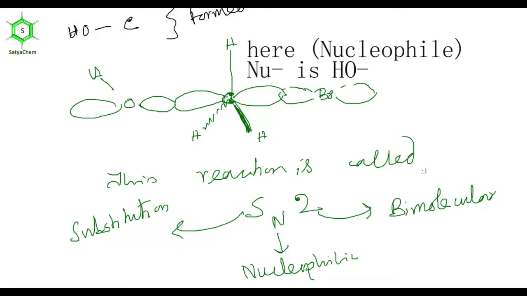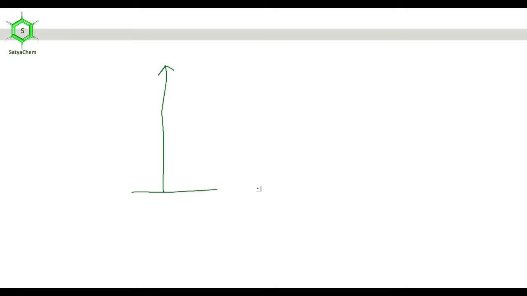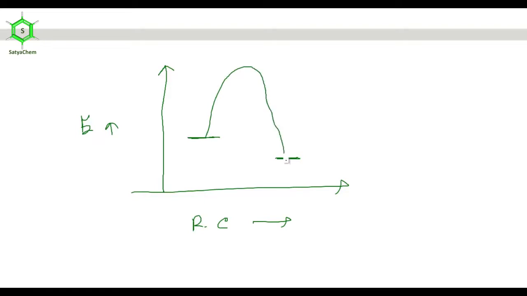And the energy profile diagram for this reaction is this one. Energy on the y-axis, this is the reaction coordinate, reactant, product. It's a single step reaction. In a single step reaction, the number of transition states is 1.